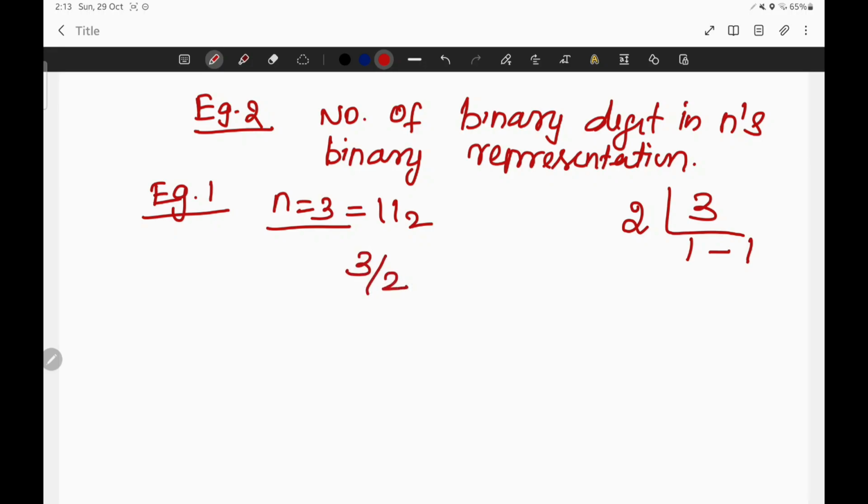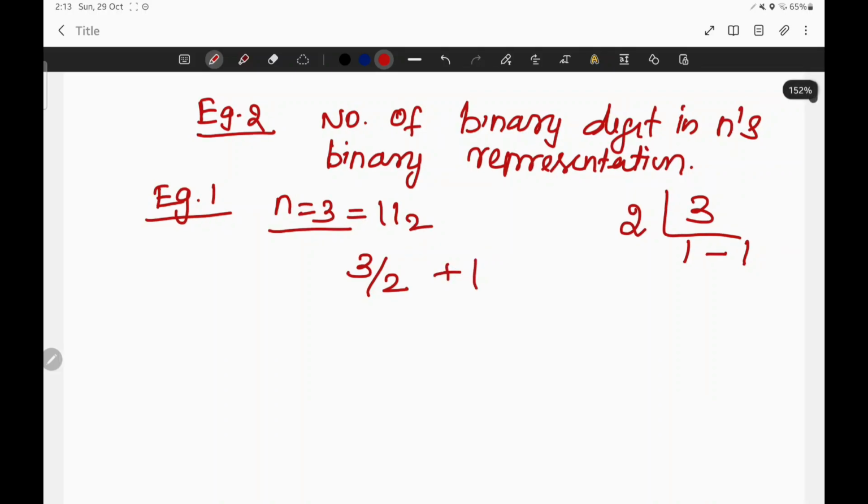We are just dividing the n by 2. So n is equal to 3 is the n value given, and we want to convert it into binary. So if you want to convert it into binary, we have to divide it by 2.